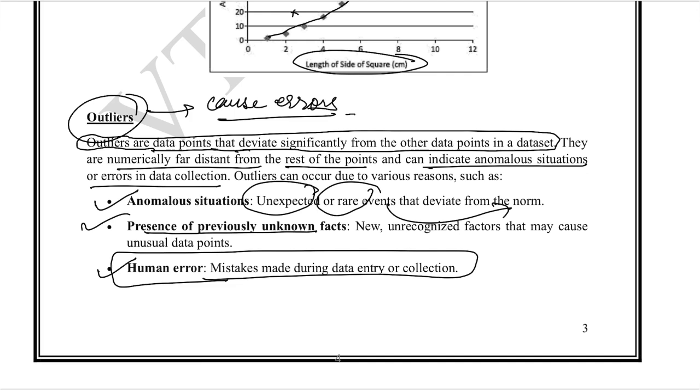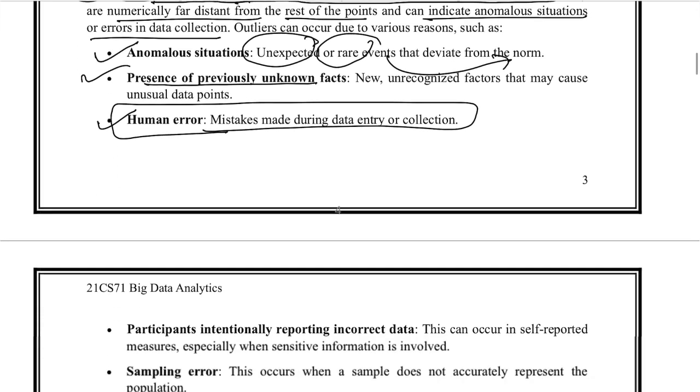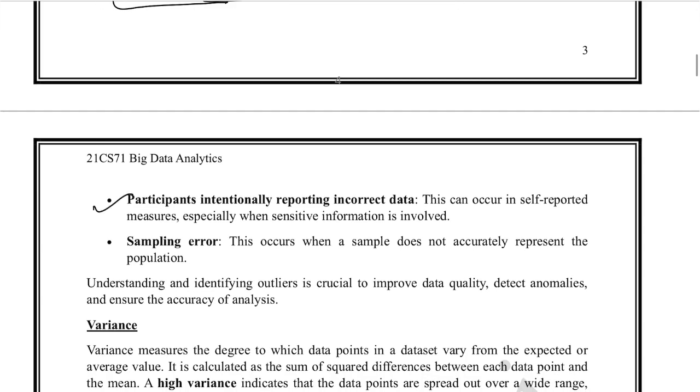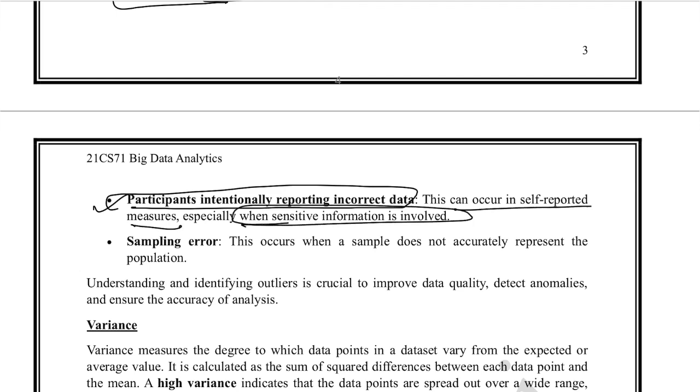So if a user is doing data entry and gives a wrong input, then there is a wrong value in the outlier. Okay, next is participants intentionally reporting incorrect data. This can occur in self-reported measures, especially when sensitive information is there, and also sometimes sampling error happens.